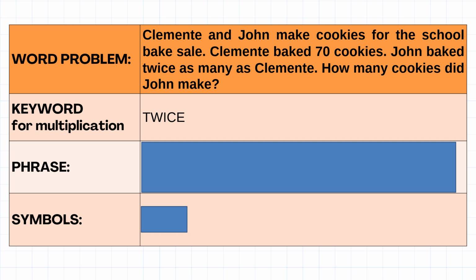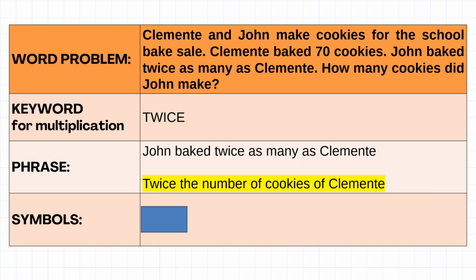Alright, so the mathematical phrase that can be extracted from the problem is John baked twice as many as Clemente. So since we are asked to find the number of cookies John make, take note that in the third statement it states there John baked twice as many as Clemente. So this is twice the number of cookies of Clemente.